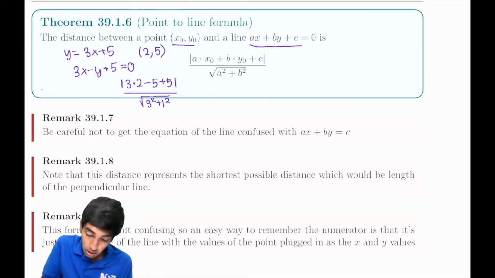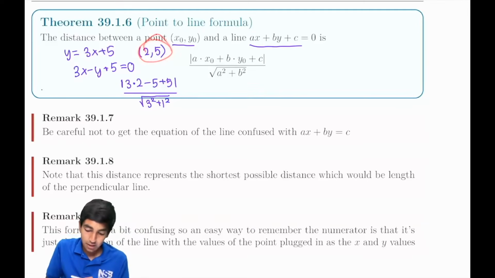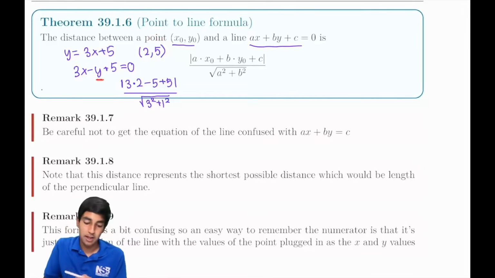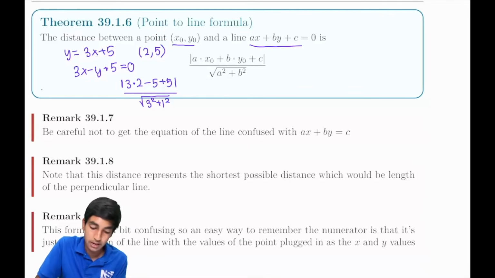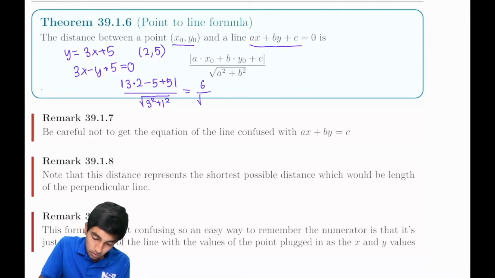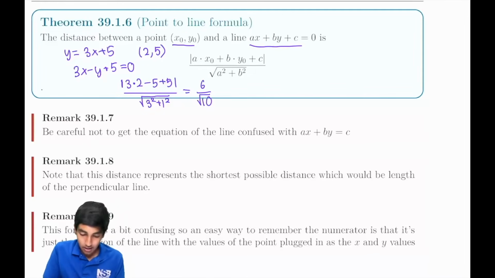Again, remember, we're not doing anything with the point here. We're not doing the square root of 2 squared plus 5 squared. We're using the coefficient of x and the coefficient of y. That's often the most common error when using this point-to-line formula. So 6 over root 10 is our distance, which is approximately 2-ish, which makes sense given our conditions.